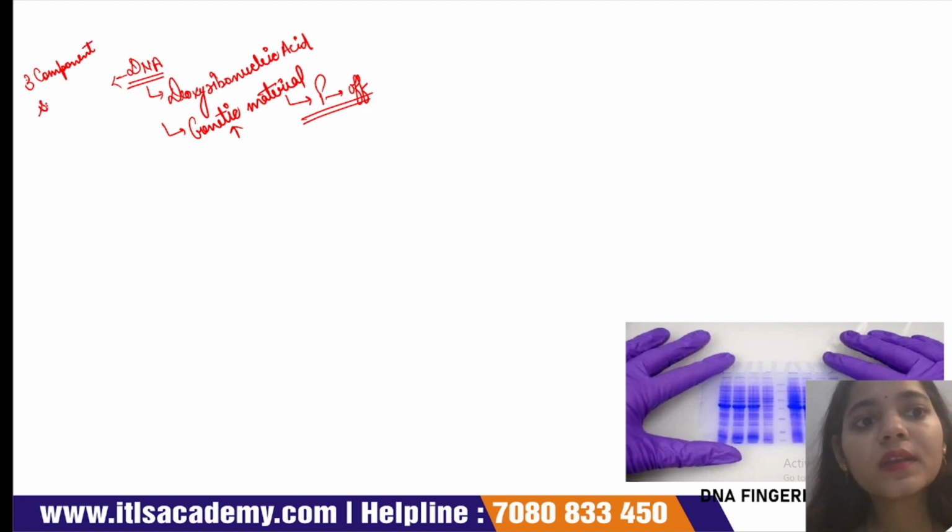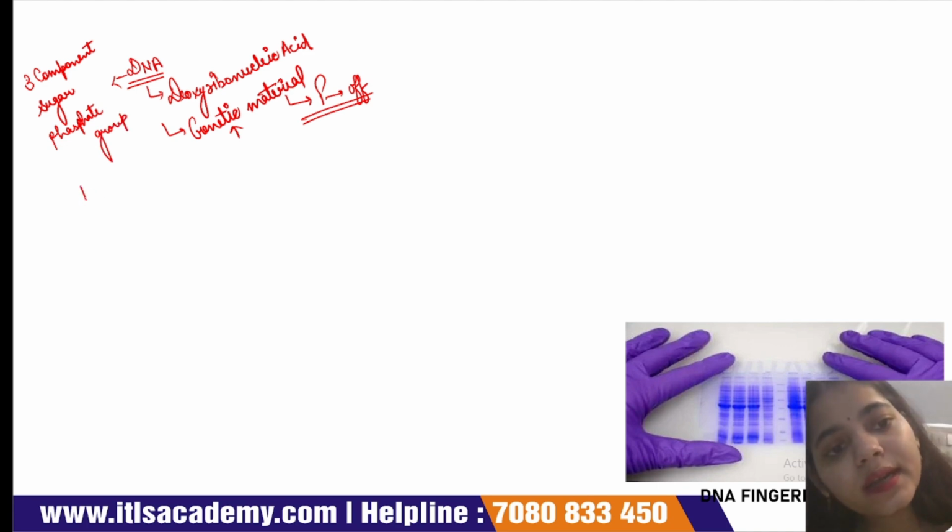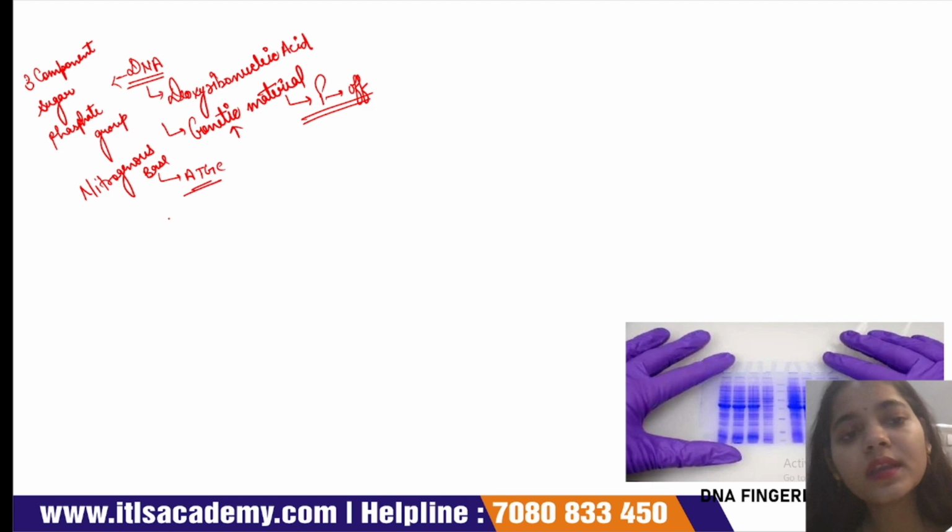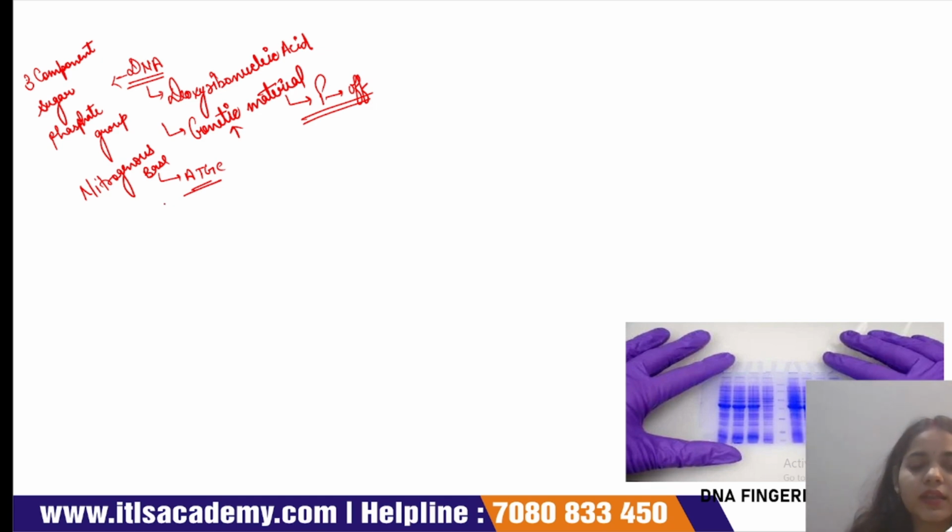First is a sugar molecule, second is a phosphate group, and third is a nitrogenous base. A, T, G, C: adenine, thymine, guanine, and cytosine. These are the four nitrogenous bases.